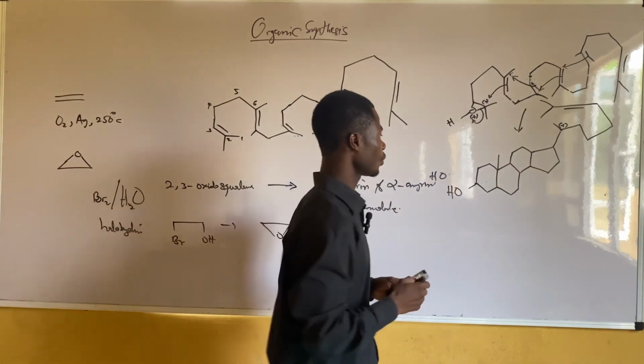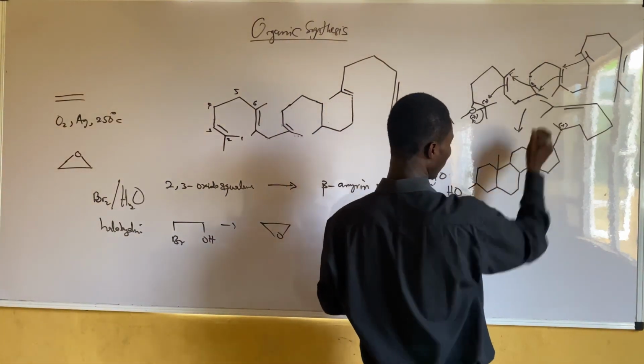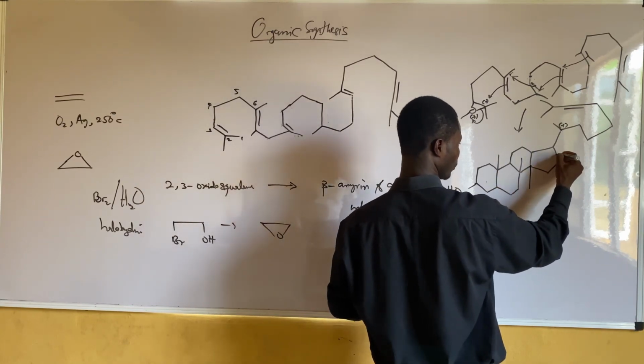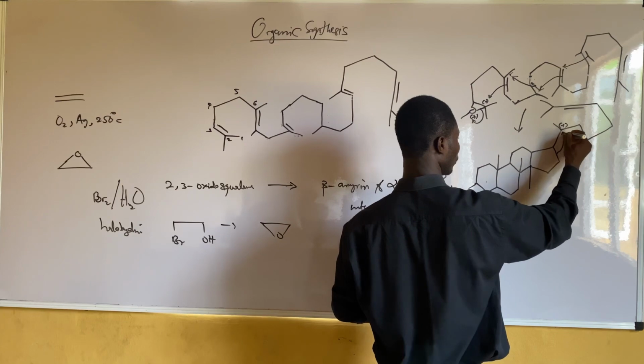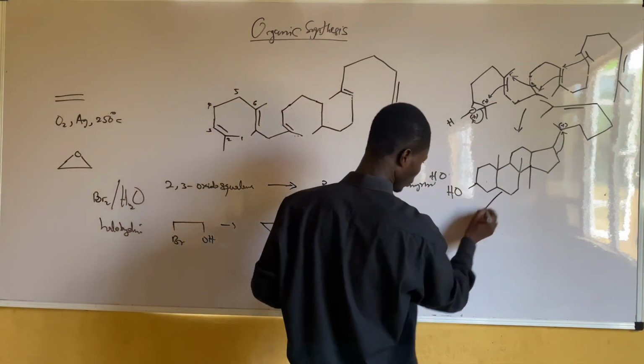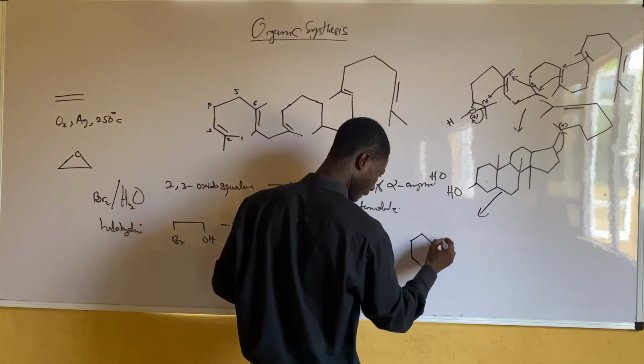Is that okay? So therefore, there's going to be a kind of shift, migration of this bond to this place. Is that okay? Good. So when that happens, the result we obtain is this.